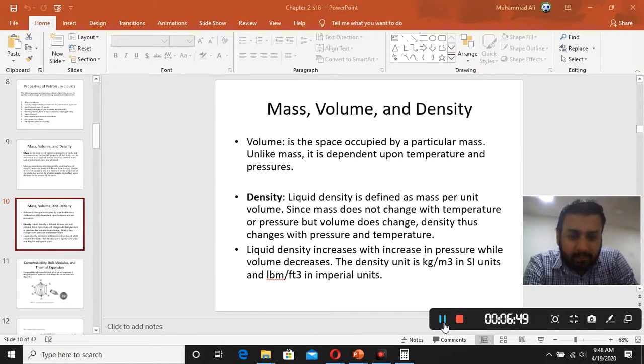But if we want to design the pipeline for 1 million barrels per day, then of course we need a bigger pipeline, with a larger diameter. And if we want to design for 400 or 300,000 barrels per day, we need a small diameter pipeline. So the volume needed to transport has an effect on the diameter of the pipeline.